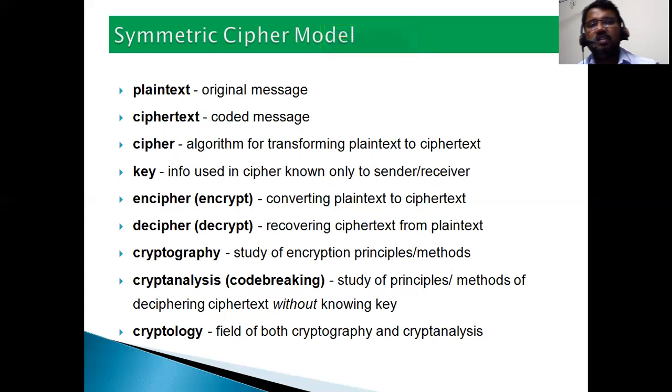Cryptanalysis means the study of breaking these cryptographic algorithms; that means attacking these cryptographic algorithms is called cryptanalysis. Finally, cryptology means both cryptography and cryptanalysis combined. So these are the keywords which are used in our cipher model.